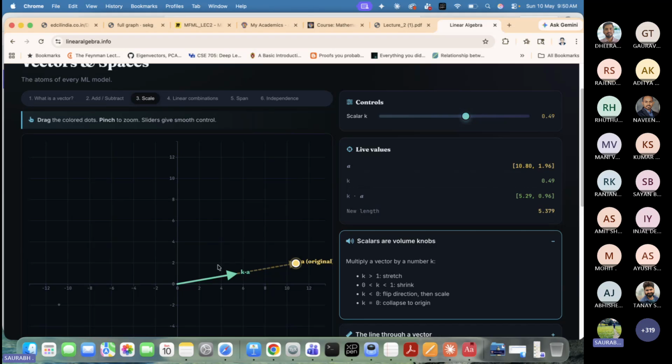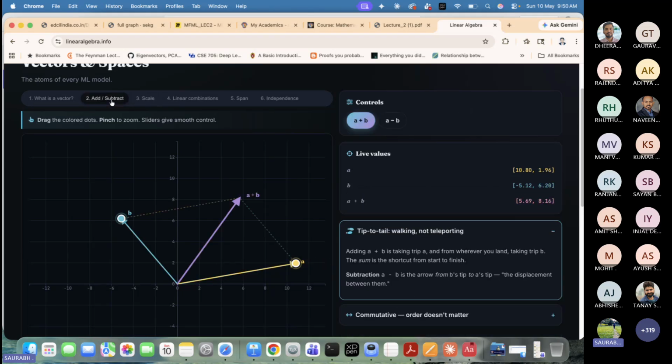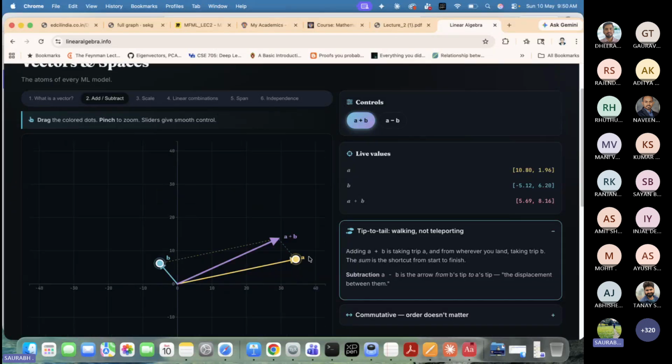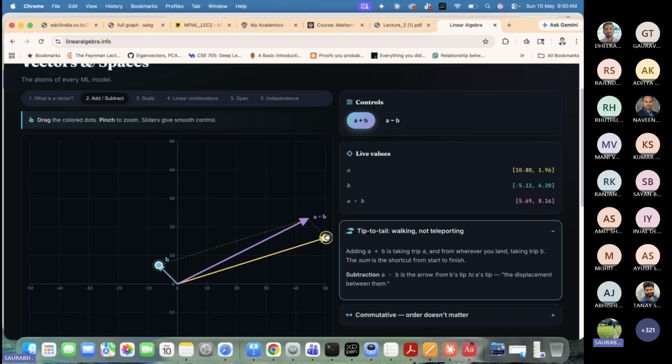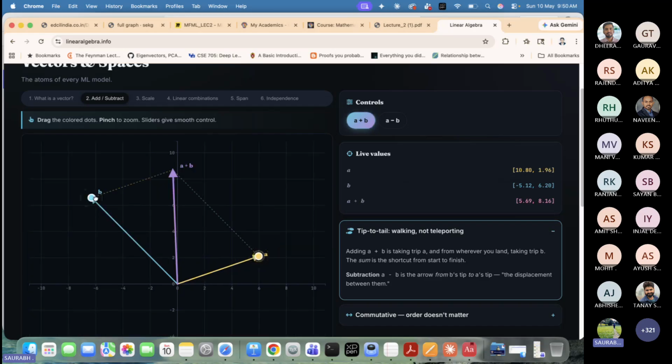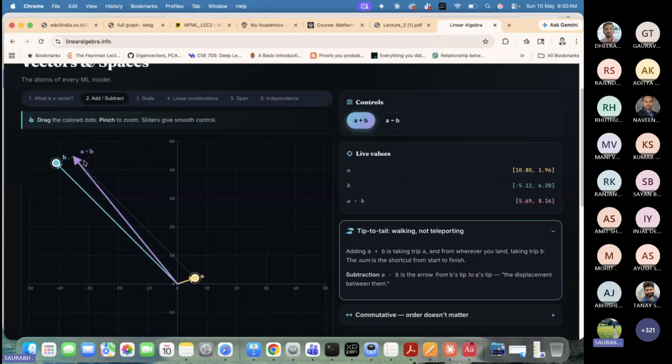That's what scaling does. When we add vectors, let's say we have the first vector, we can scale that first vector like this, and we have the second vector, we can scale the second vector like this. It would always be on its own axis. Now, when we scale two vectors and add them together, we would always be getting a new vector altogether.